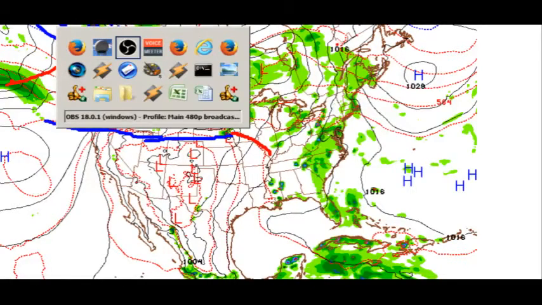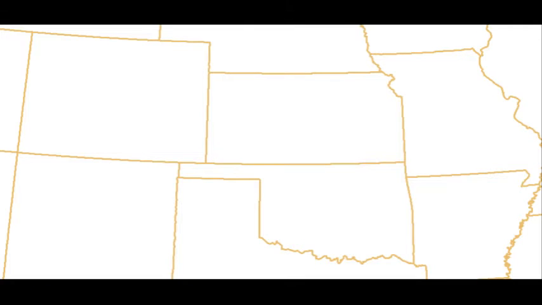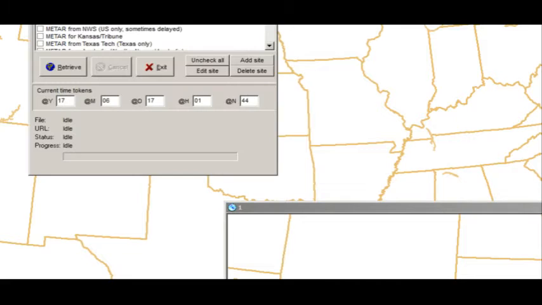And I wonder if we can see that in Digital Atmosphere. I'll bring up the plots for that. Digital Atmosphere. Load in some data.